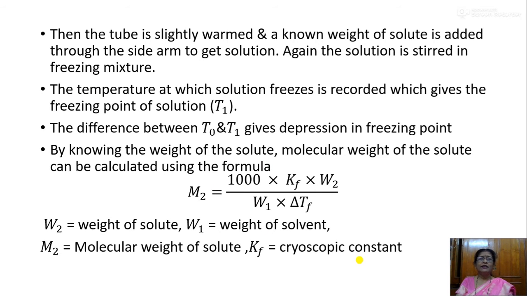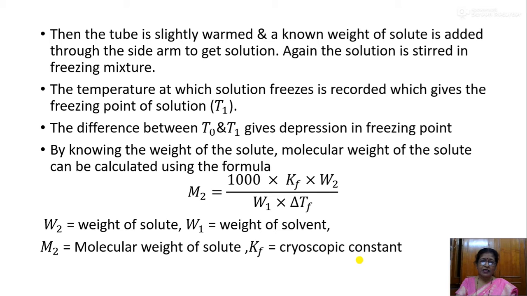Then the tube is slightly warmed up and a known weight of the solute is added through the side arm B to get the solution. When solute is added to solvent, it converts into a solution. Again, the solution is stirred in the freezing mixture.